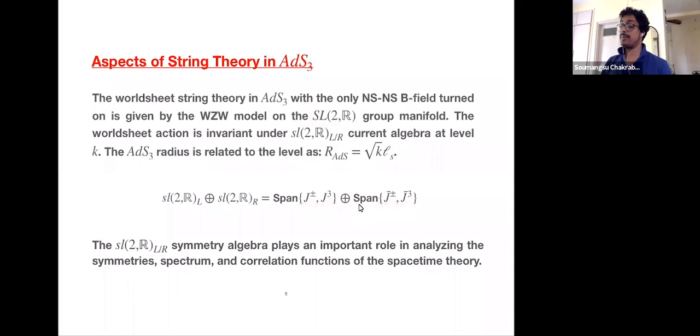Like in the angular momentum picture, J3 is like the Z component of the angular momentum, and J plus minus are the shifts in the light cone directions. So J3 is the generator of E plus L, and J3 bar is the generator of E minus L.